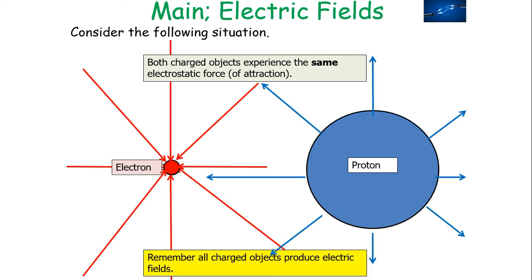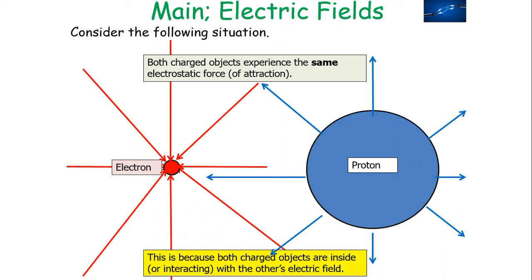The reason why this is, if you remember, all charged objects produce an electric field. So this means both the proton and the electron are producing electric fields. This means that both charged objects are inside or interacting with the other's electric field. So the proton is inside the electrical field of the electron, and the electron is inside the electrical field of the proton.